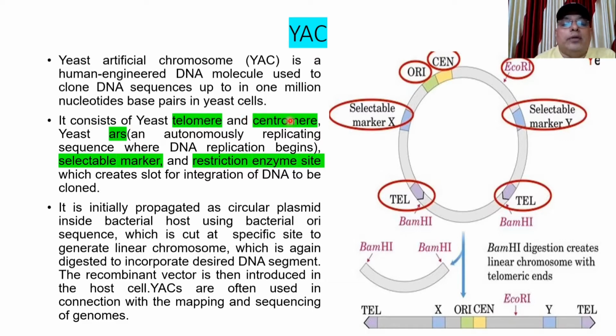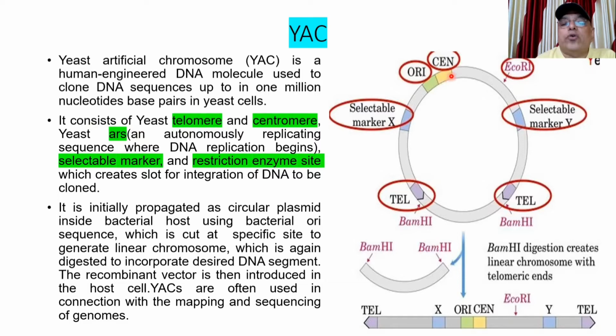Then centromere, which provides for the attachment of kinetochore and spindle apparatus, and then autonomously replicating sequences which act as the site of origin, that is, the origin of replication. So here the origin is represented by autonomously replicating sequences.